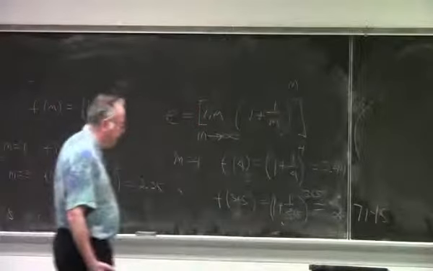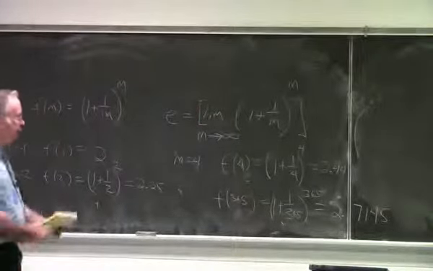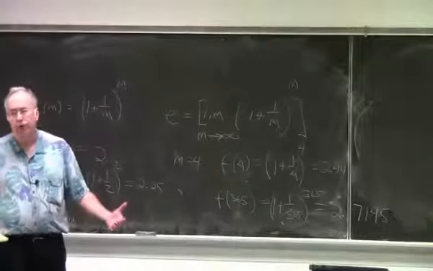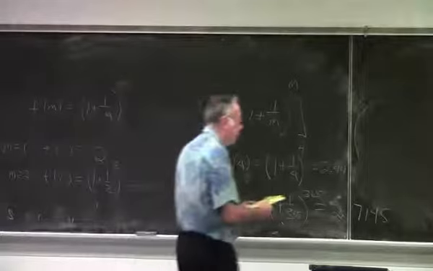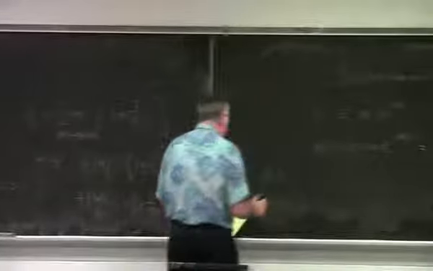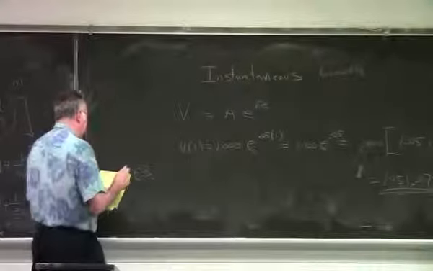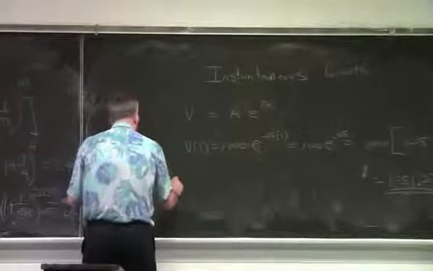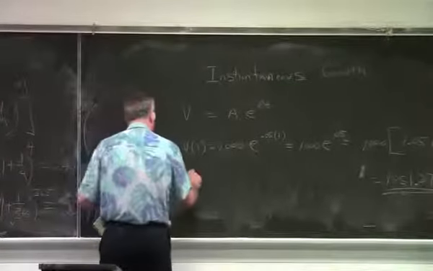Now, in the limit, as m goes to infinity, f of m approaches e. And e is approximately this. Let me just give the first 5 digits. E is approximately 2.71828. Okay.